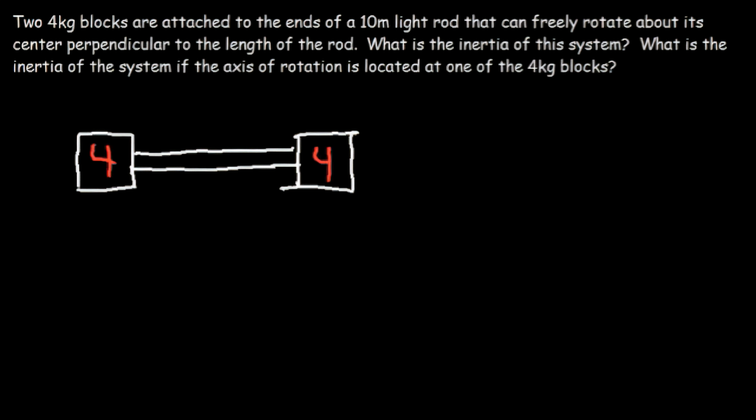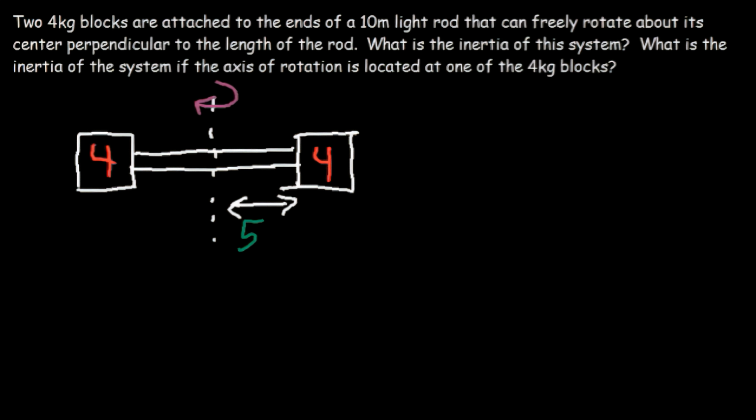Now the mass of each block is 4 kilograms, and the rod can rotate about its center. Let's say that's the axis of rotation. And the length of the rod is about 10 meters, which means that each mass is 5 meters from the axis of rotation.